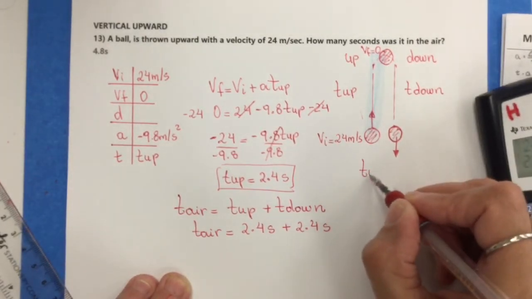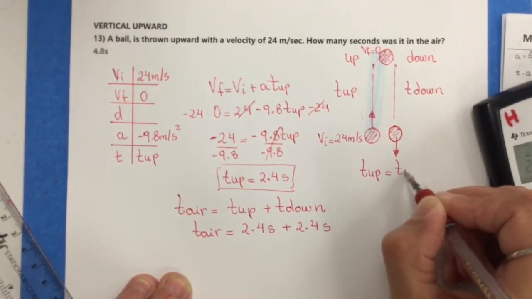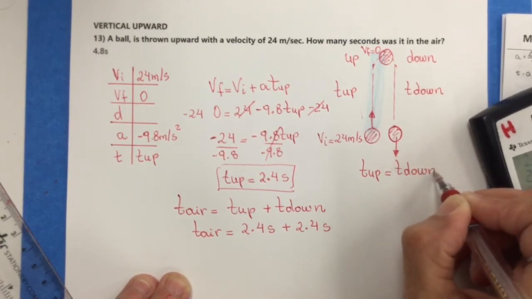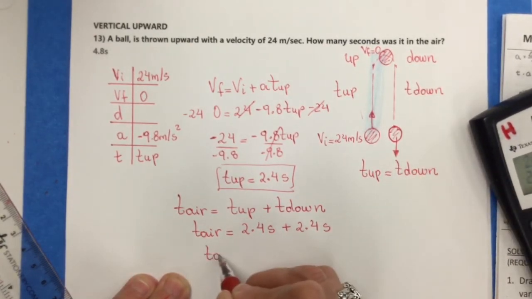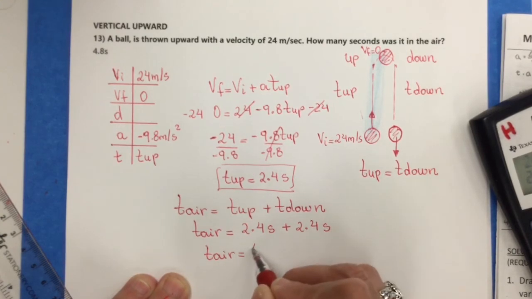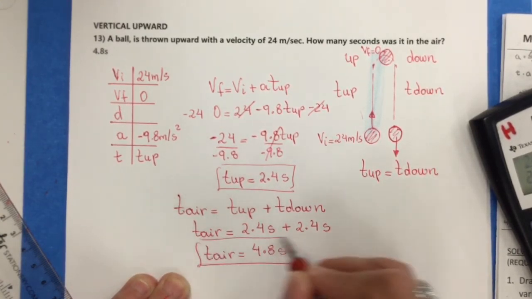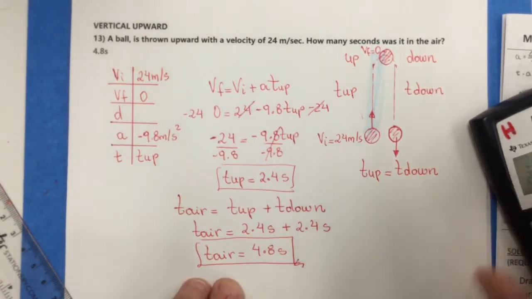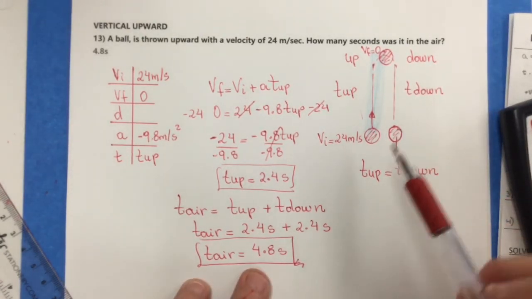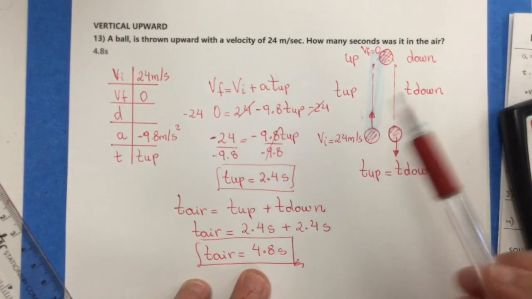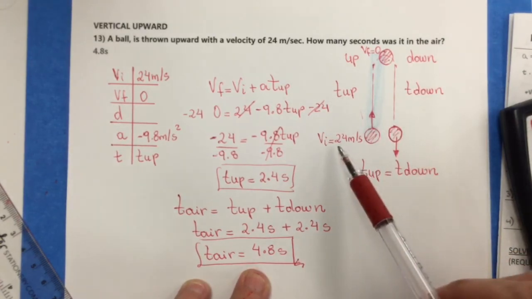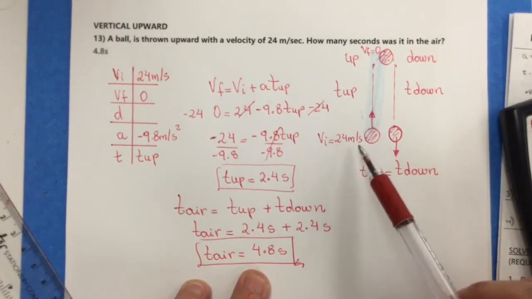So the time in the air is 4.8 seconds. So this ball stays in the air for 4.8 seconds after being thrown with a velocity of 24 meters per second.